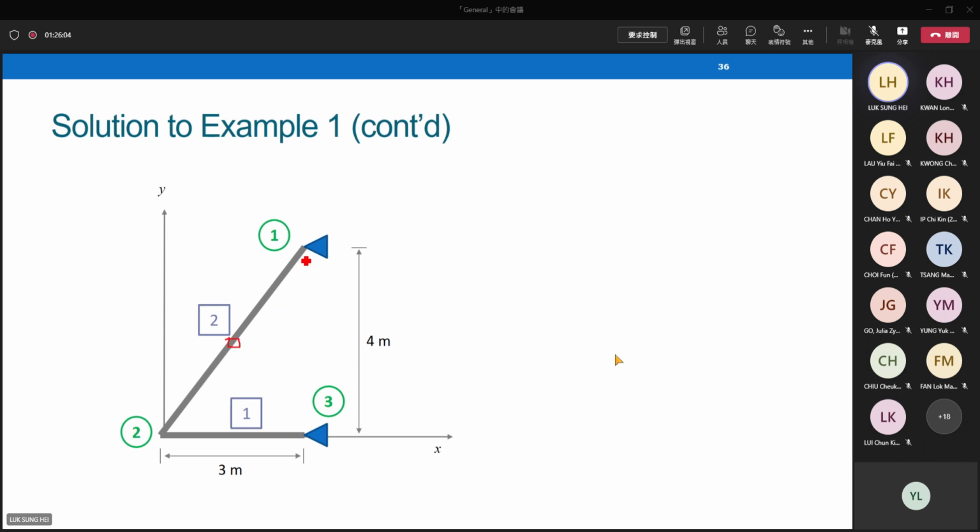You can divide this member into 2 elements, why not, since it is a truss element and you can use the same equations. Theoretically, you can divide this element into 2, 3, 4, and so on. But to make the calculation easy, I just cut it into 2 elements, 1 and 2, with 3 nodes.